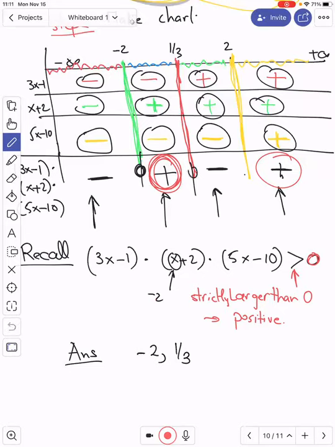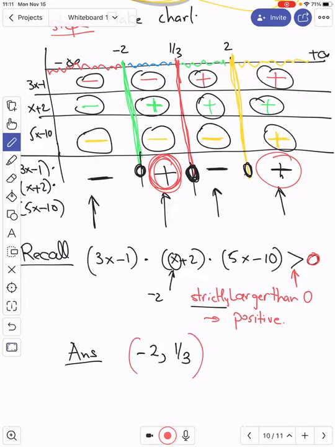Same thing for 1/3. I'm going to just put 0 on this line, which represents 1/3, just to say that when x is 1/3, the whole thing is going to be 0. And same thing here. I'm going to put a 0 on this yellow line, which represents the positive 2, just to say that if x is positive 2, the whole thing is going to be 0, right? So if it's strictly larger than 0, it cannot be equal to 0.